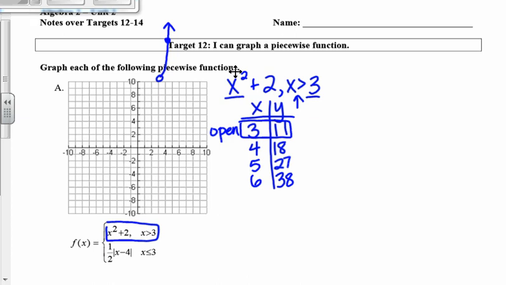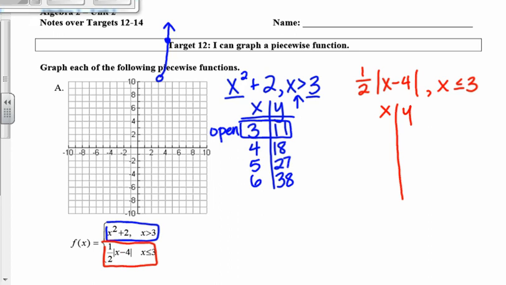Now the second part of our graph is ruled by this absolute value: 1/2 absolute value of x minus 4 when x is less than or equal to 3. So I'm going to make an xy chart, just like I did before.